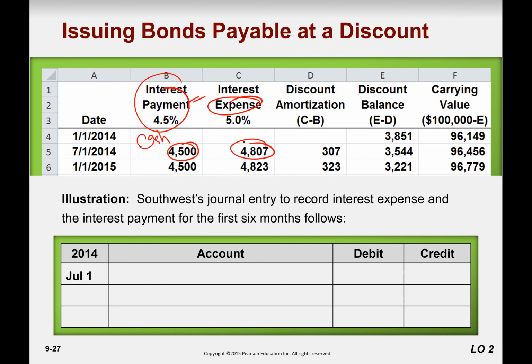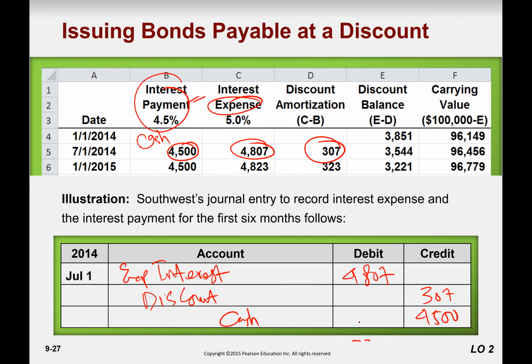So you pay the cash and credit 4,500. Your expense entry is not balanced, it means the difference is called decrease in discount, which is 307. In that case, your entry is now balanced. Right, guys?